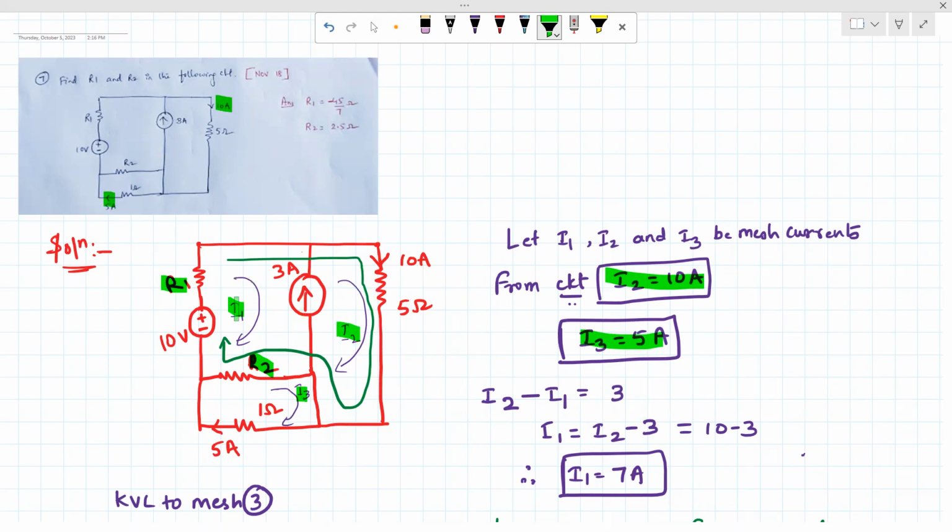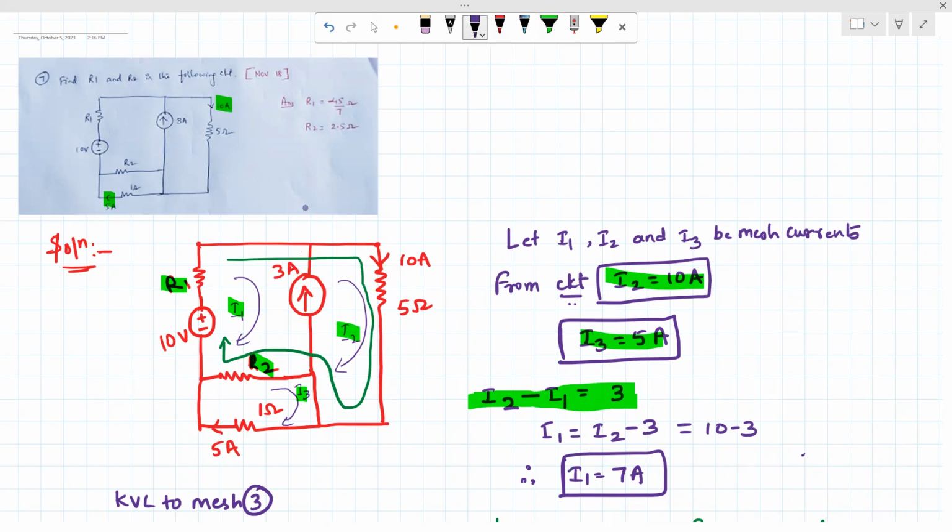Between meshes 1 and 2, there is a common 3 amp current source. So this will form a supermesh which I have indicated in a green line. From this you get I2 minus I1 is equal to 3.